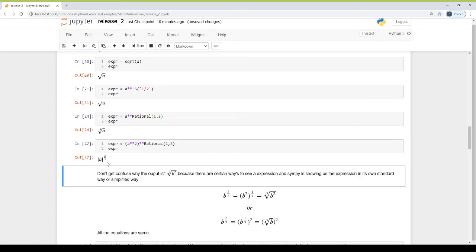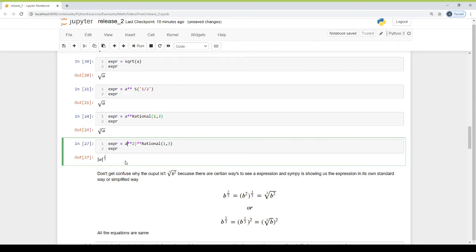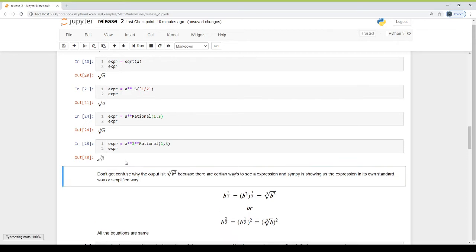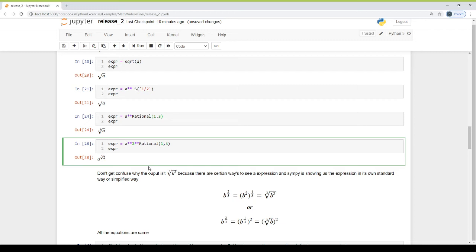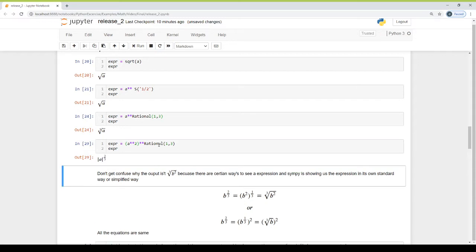It is a raised to power 2 by 3. Or write it as a, this, shift enter. Now it will become a raised to power 3 cube root 2. So take it in bracket, first a raised to power 2 and then rational 1 into 1 comma 3.